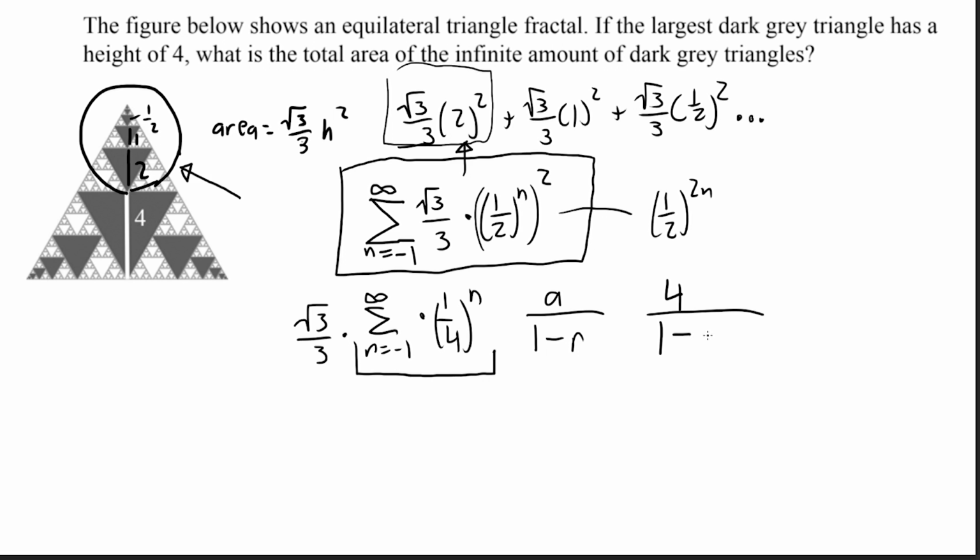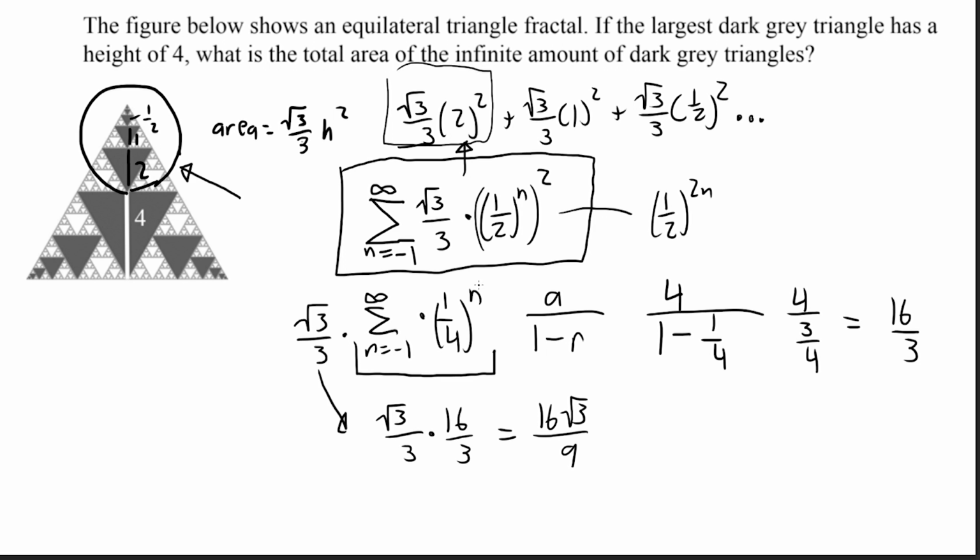So 1 minus 1/4, and that's going to give us 4 over 3/4, which equals 16/3. And so taking root 3/3 and multiplying it by 16/3, we get 16√3/9. So this right here is the total area of all of these infinite triangles up here.